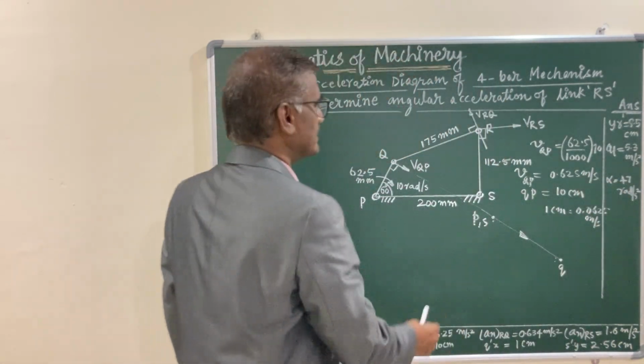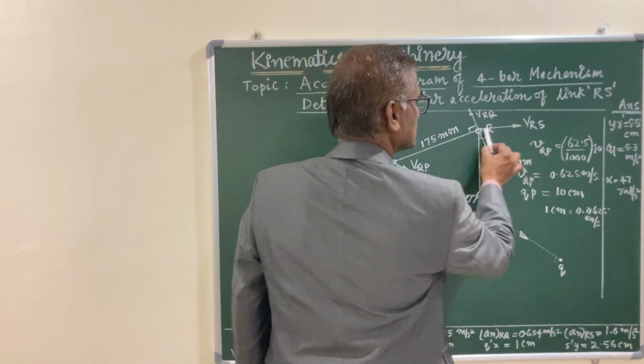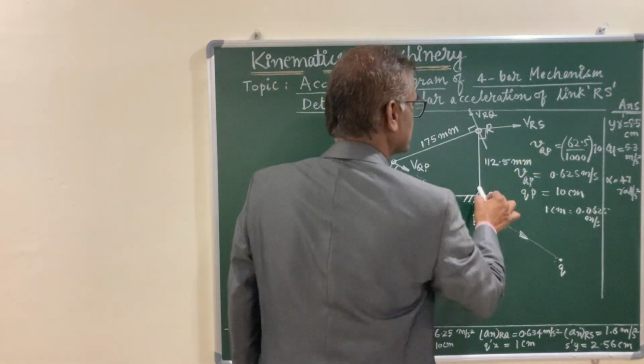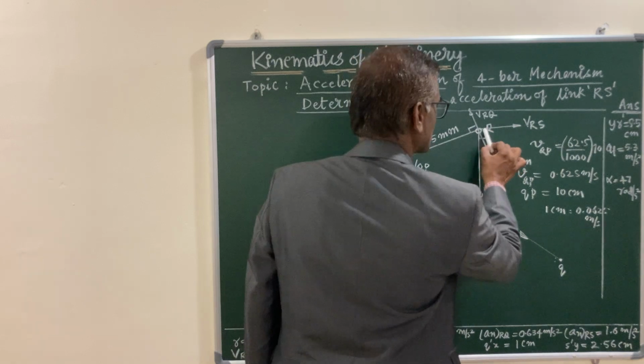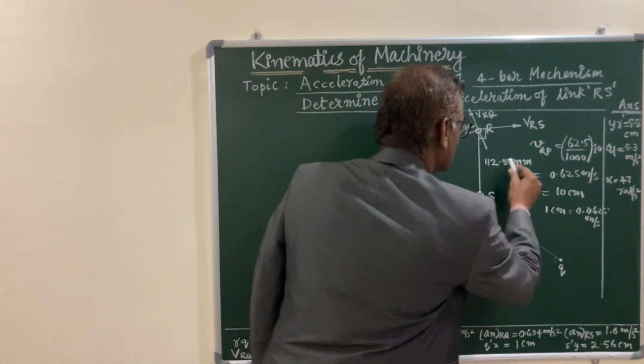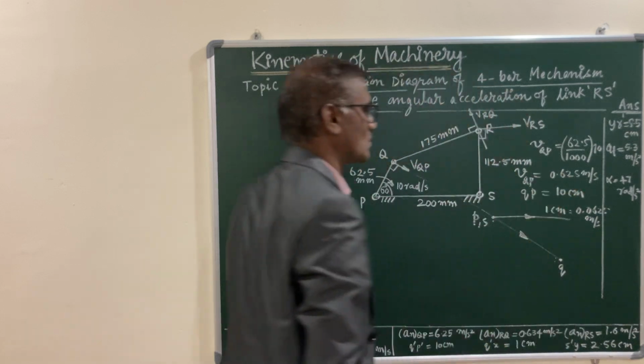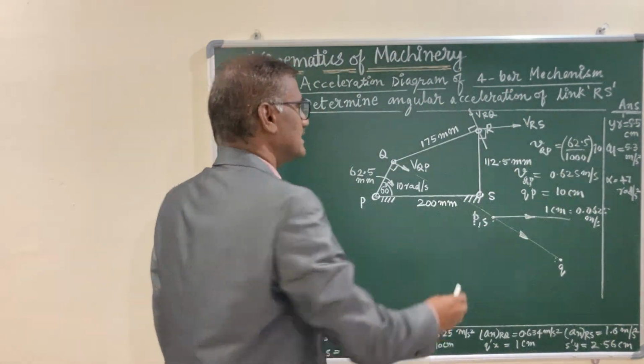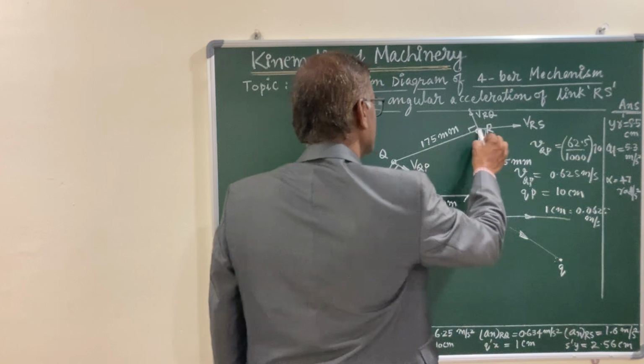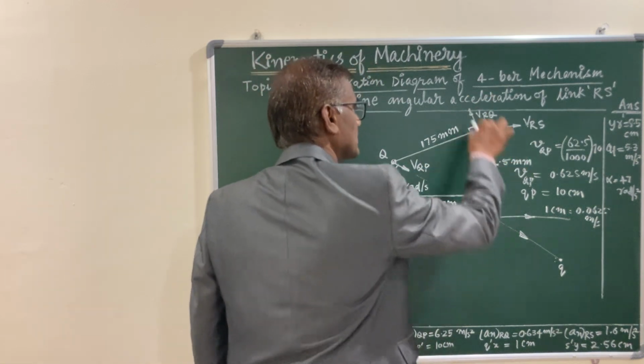You know the direction of the velocity of link RS, it is perpendicular to it. So, draw a line whose direction is known, and after that the direction of the same point with respect to Q is perpendicular to it.